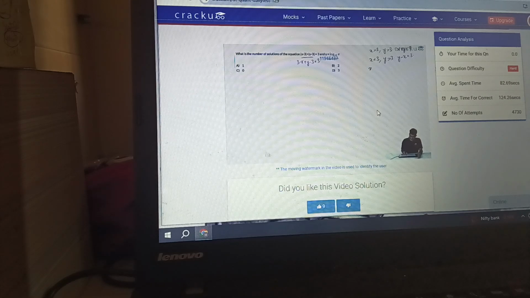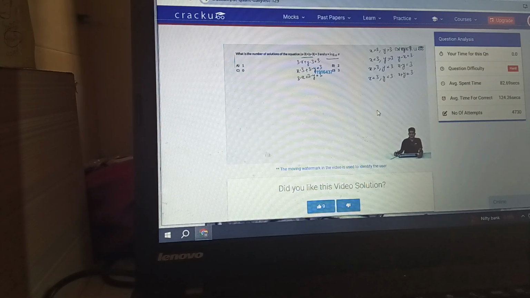In case x is greater than 3 and y is less than 3, then the equation becomes x minus 3 plus 3 minus y is equal to 3, or x minus y is equal to 3. In the final case, where both of them are less than 3, that is x is less than 3 and y is less than 3, the equation becomes 3 minus x plus 3 minus y is equal to 3, or x plus y is equal to 3.